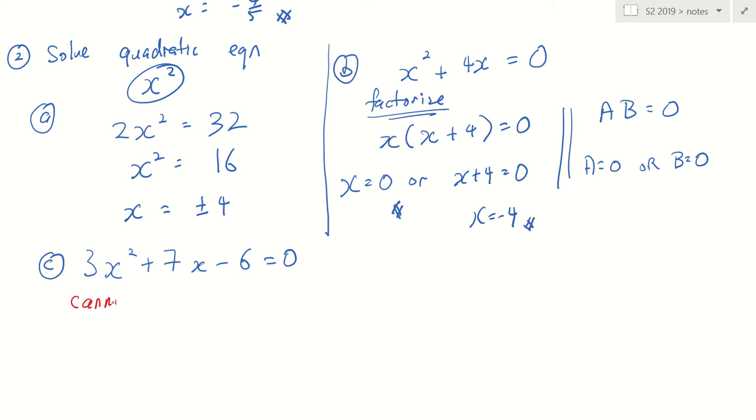And when you cannot factorize, you realize that you have to depend on this illegal method called the cross method. Illegal method because the cross method doesn't even make sense. The cross method involves something like that, then something like that. Then the final answer looks like what? I have 2 brackets equals to 0.